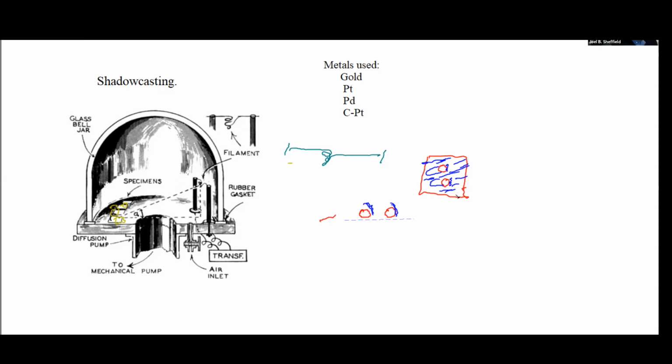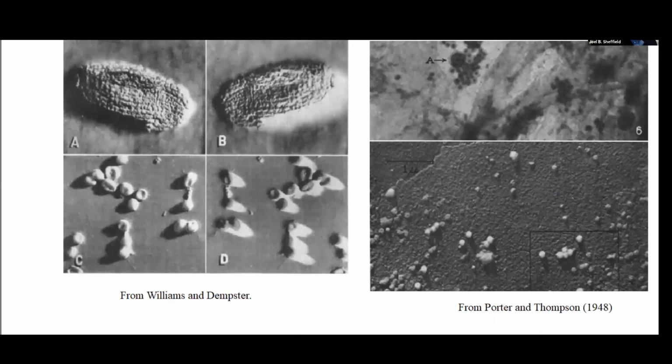So let's see if I can show you both some earlier and maybe some later shadowed images. Both of these are from pretty early research papers. This one by Robley, Williams, and Dempster is actually a teaching tool. And what they've got here, there are two samples, very low magnification.